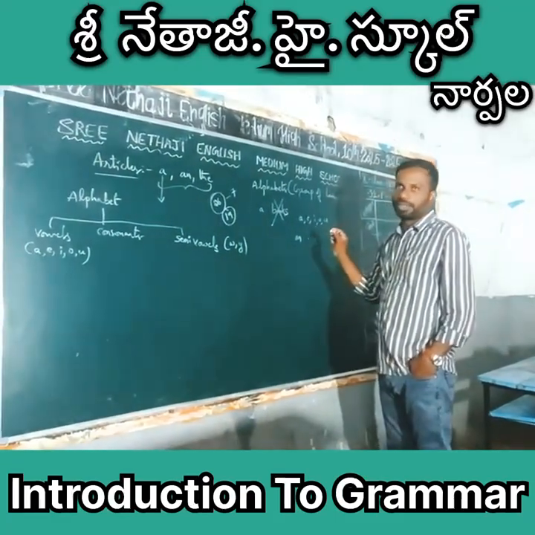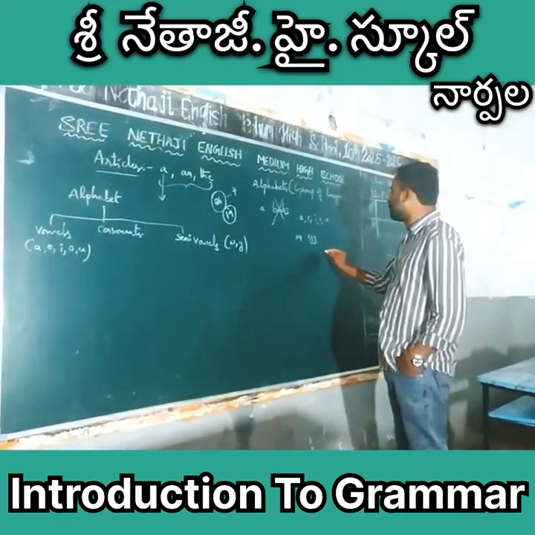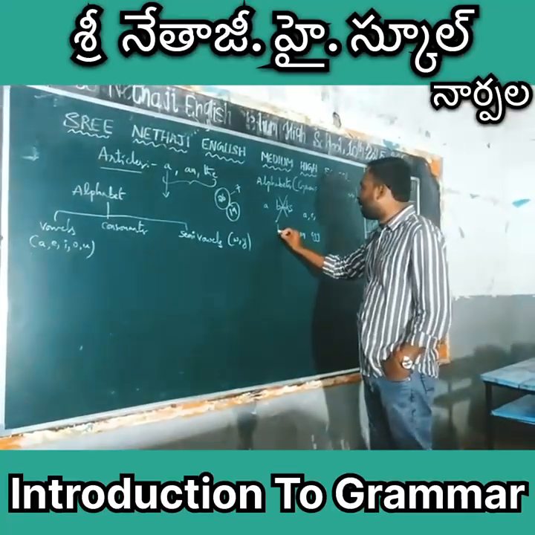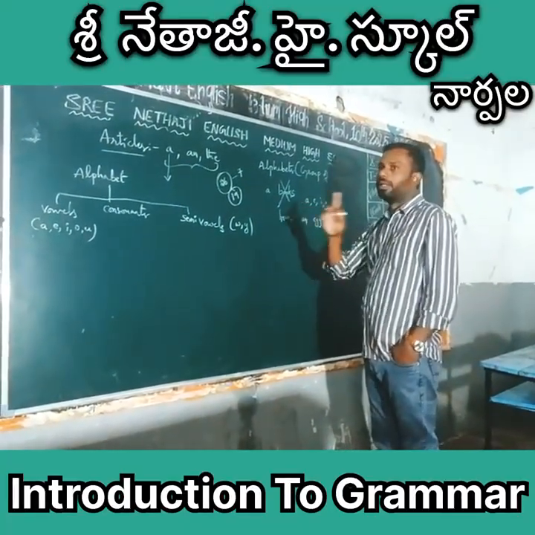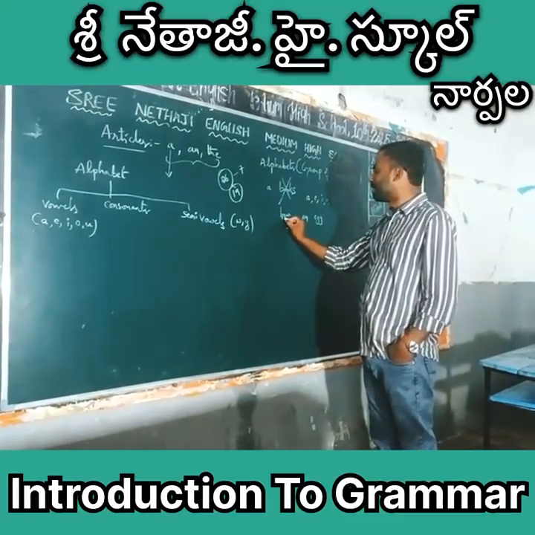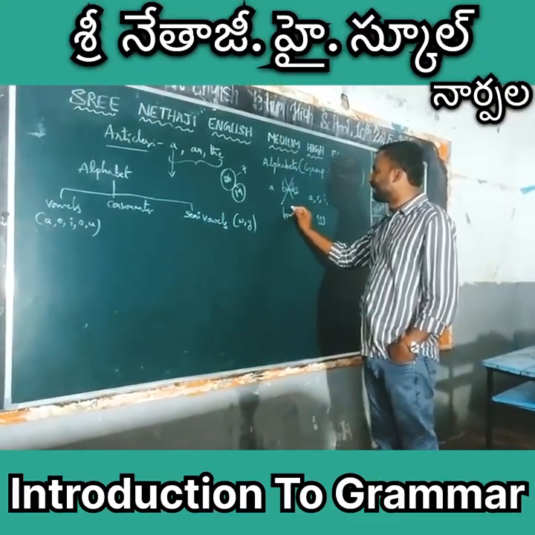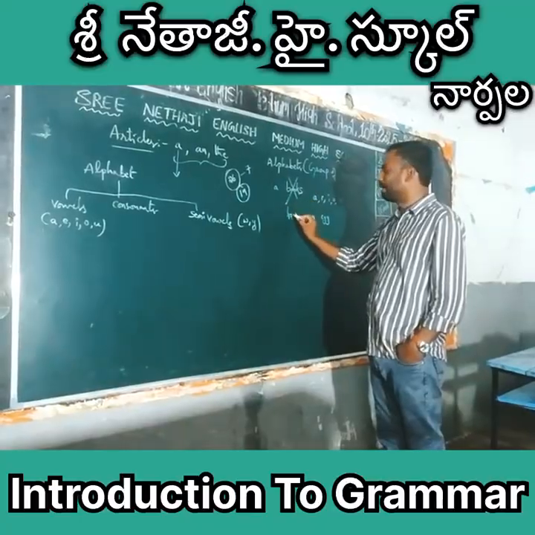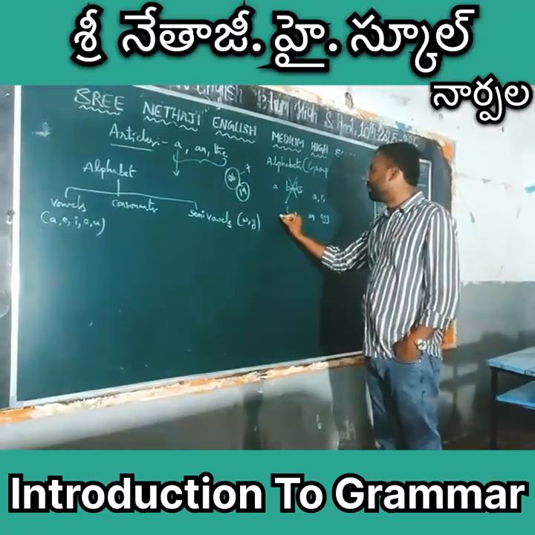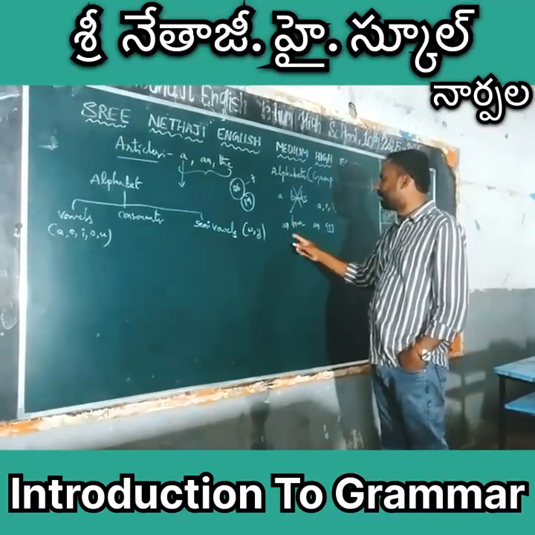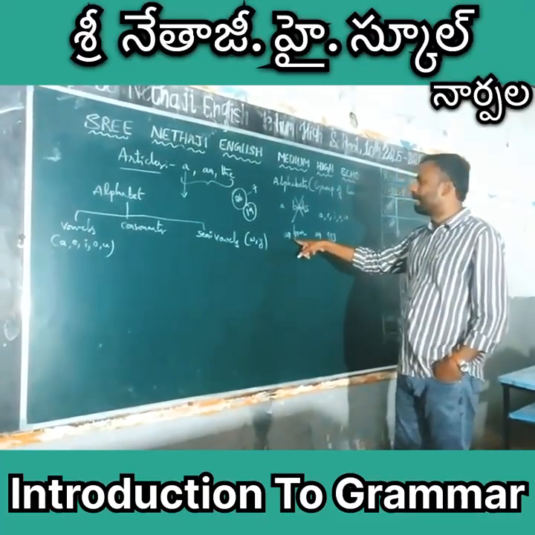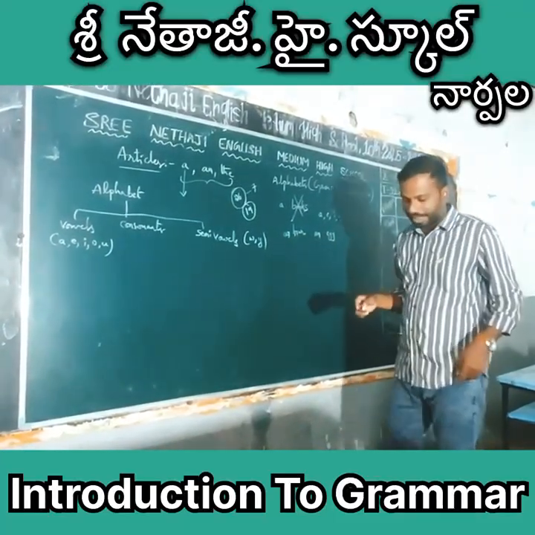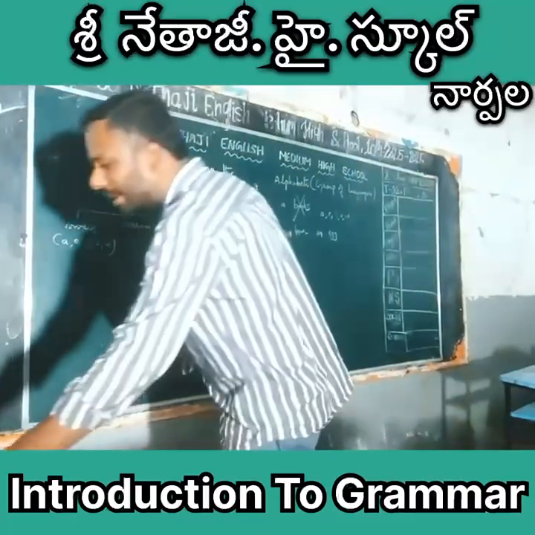There are some exceptions. Suppose this is hour, H-O-U-R, but its pronunciation starts from O. Since H is omitted, which is silent, we will use article an even though this is a consonant. So, these kind of exceptions will also be studied in the later session in detail.